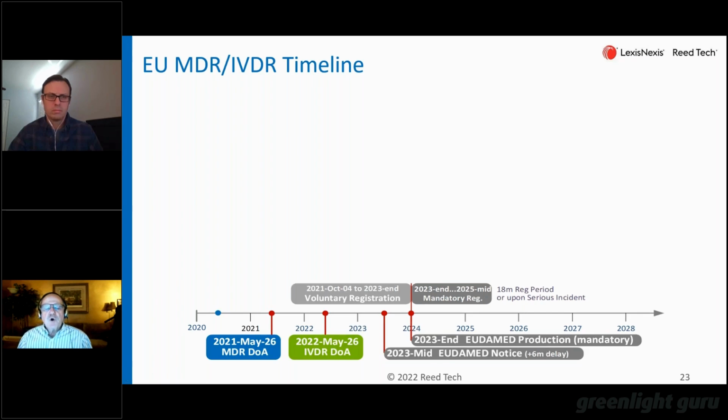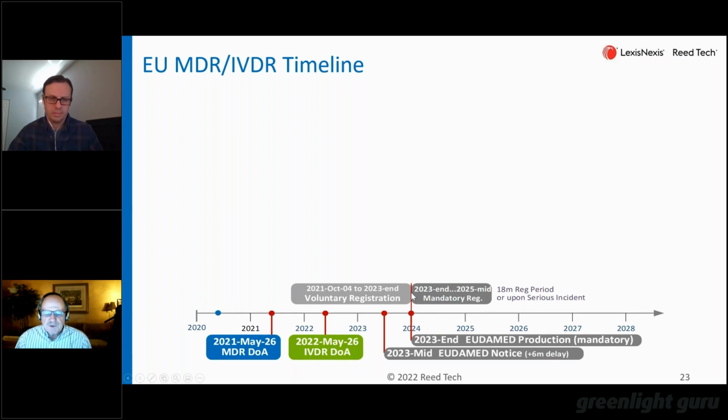So there's a whole host of clauses and phrases that are triggered on that particular event inside the regulations. One of those happens to be the beginning of an 18-month mandatory registration period. It also marks the beginning of required vigilance reporting.